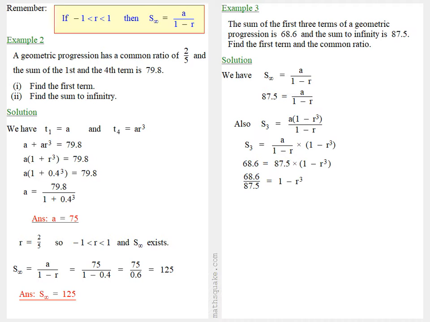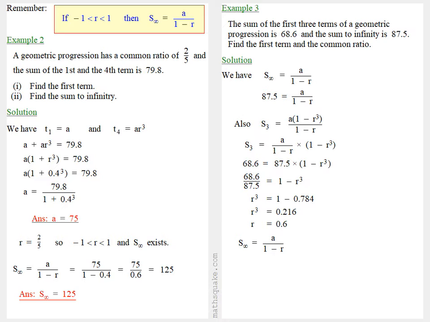In other words, 68.6 over 87.5 is 1 minus r cubed, and 68.6 over 87.5 is 0.784, so we have r cubed is equal to 1 minus 0.784, which means r cubed is equal to 0.216. So when we take the cube root, r is equal to 0.6.